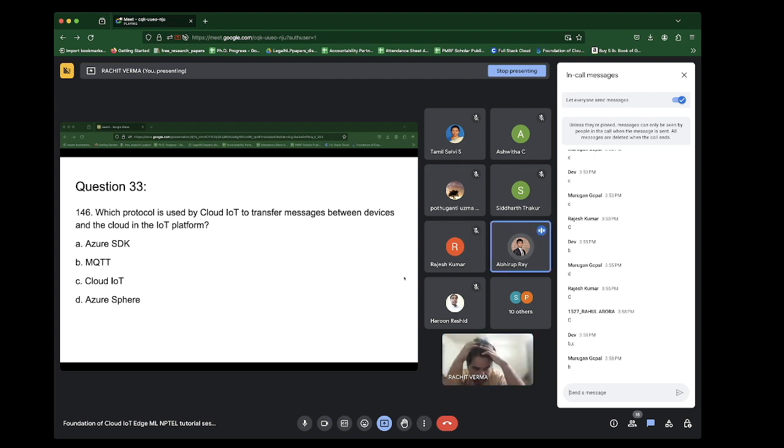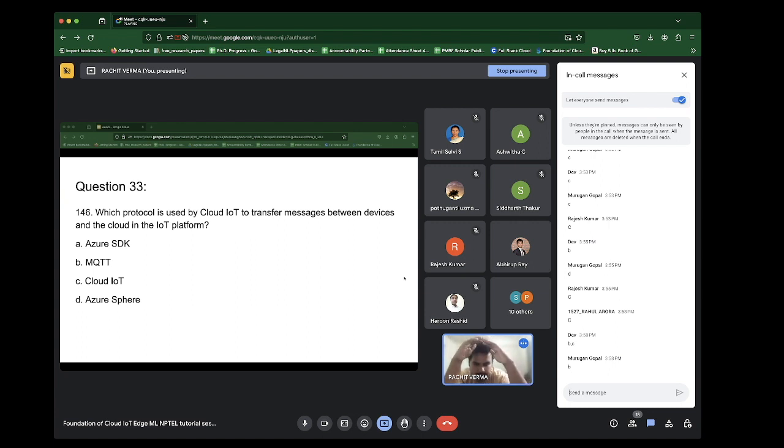Connecting the device, the IoT sensor. Yeah, that would be one way to think about it. To some extent, you are allowing them to exist on your platform. Okay, got it. I think that would be a good way to describe it.